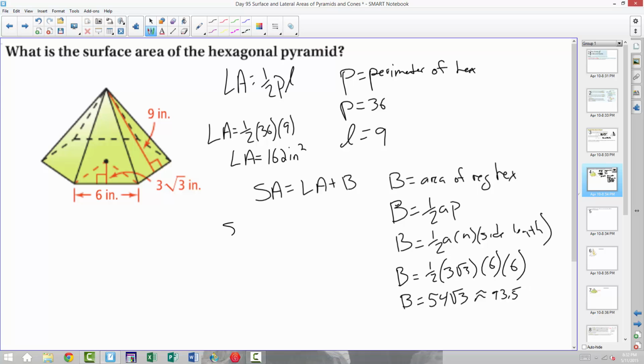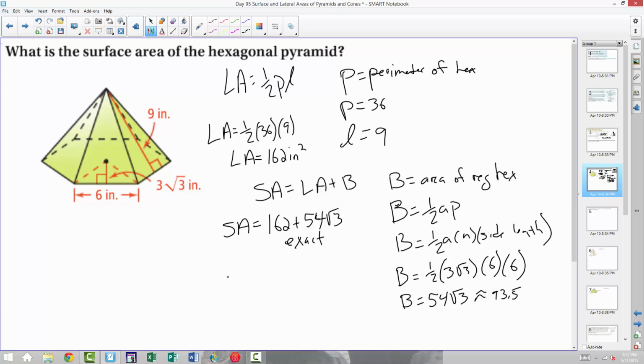So my surface area is equal to 162 plus 54 radical 3. That's the exact answer. Make sure you understand that you should be able to give exact answers and rounded answers. The reason why we can't add 162 plus 54 radical 3 is because they're not like terms.